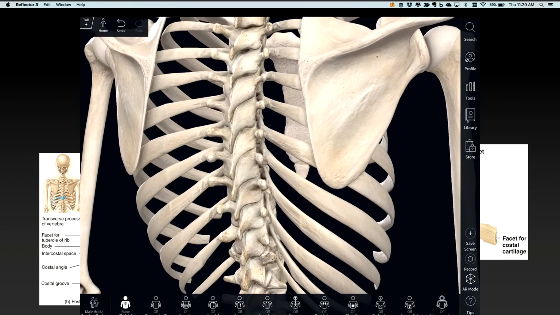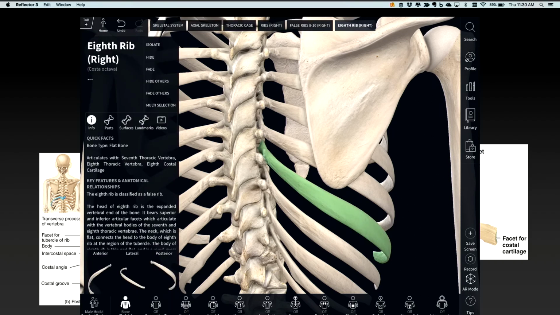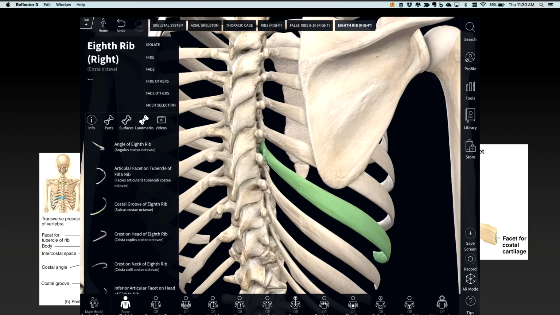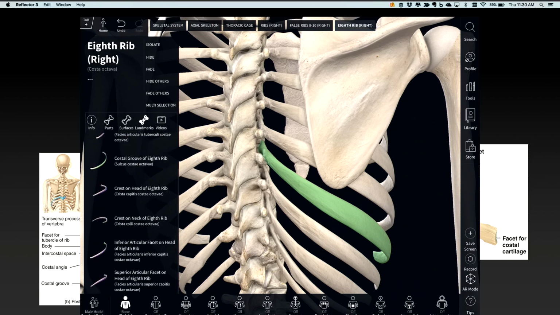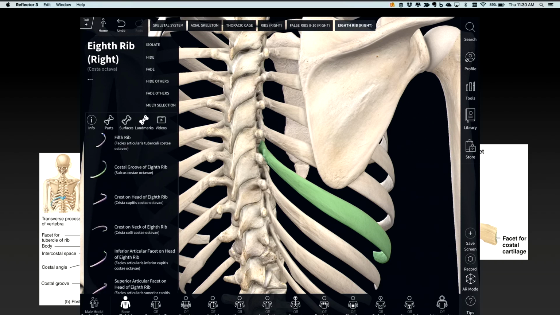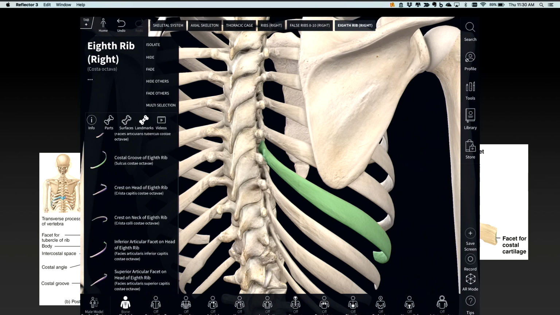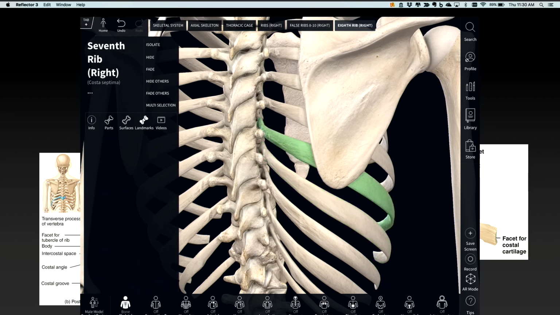So let's take an example, this rib, the 8th rib, and a few landmarks of it. I don't like that one. Let's do the 7th.